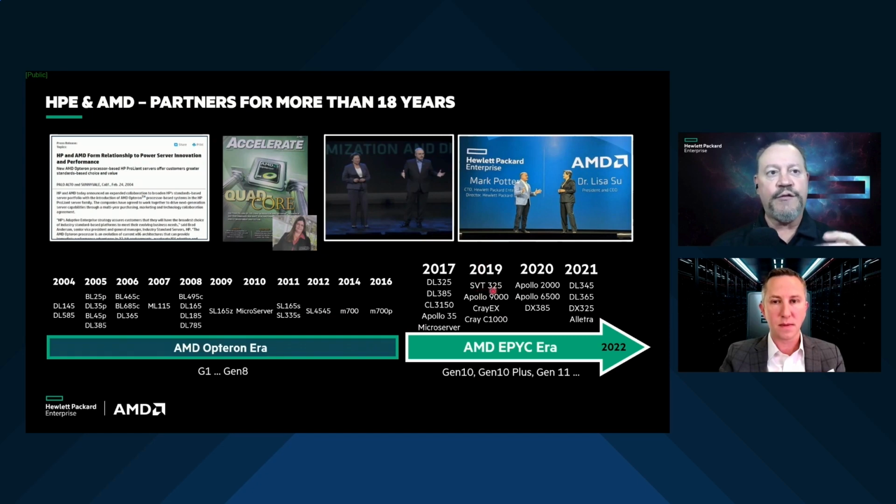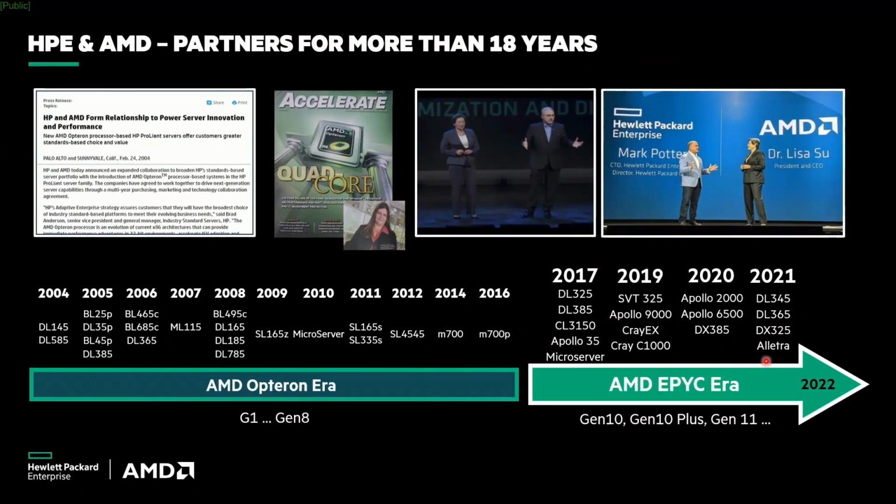You look at the SVT 325, the Apollo 9000, the Cray EX series, the Cray C1000s, and the DX 385, which of course is our Nutanix-based appliance on a DL 385, right, with Opteron. And now you'll see it this year driving the controller in the Alletra series. This is giving us that highest-end six nines of availability in storage and 100% availability in the Alletra 9000. Again, these are things that nobody else is doing in the space.